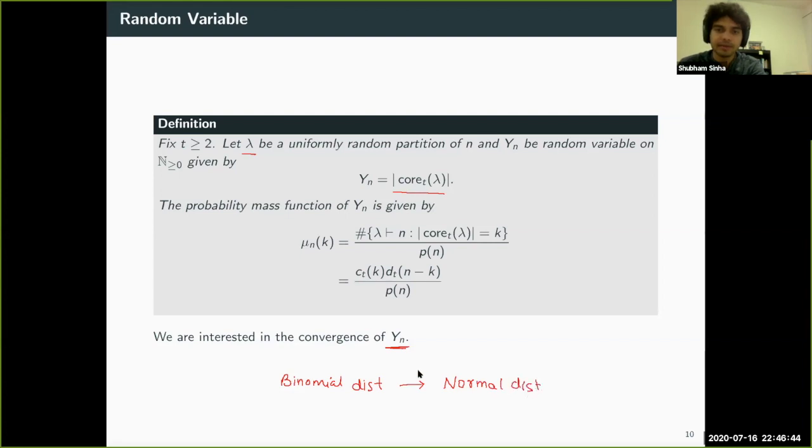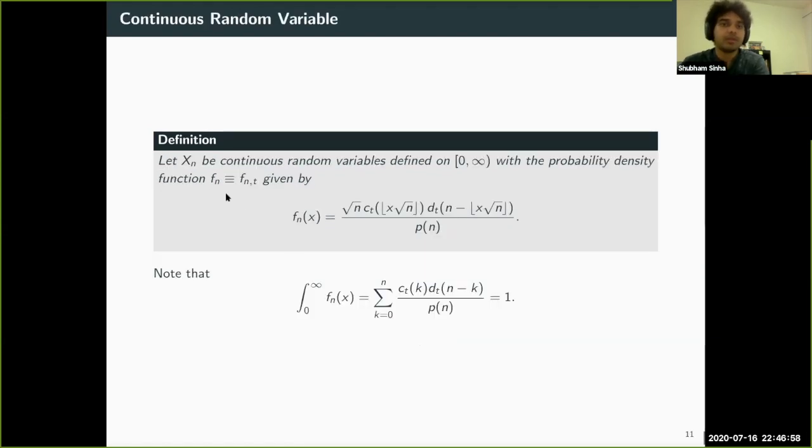But to make sense, you need to scale your distribution correctly. So that's what we do. We take X_n to be a continuous random variable, which is scaled by the square root of n, and to make it defined on the whole positive real line, we take step functions whenever it's not an integer over its square root.